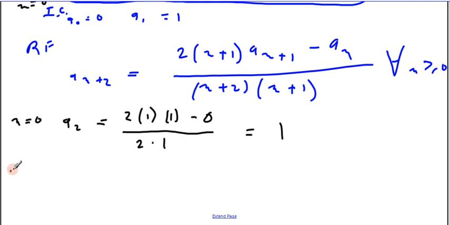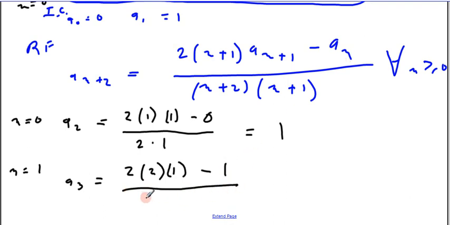Then I look at n equal to 1, and I get a3. 2 times 2 times a2, which is 1, minus a1, which is 1, divided by 3 times 2. So 2 times 2 is 4, minus 1 is 3. 3 divided by 6 is 1/2.